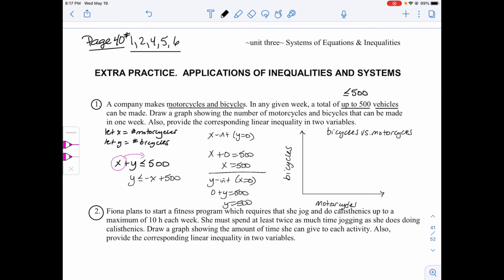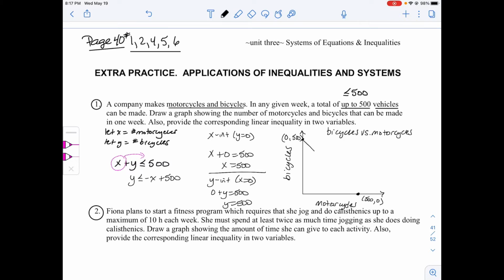If this company decides to make all bicycles one week, with a total of up to 500, they would make 0 motorcycles and 500 bicycles. That was our y-intercept. Or alternatively, they could decide to make 500 motorcycles and 0 bicycles.